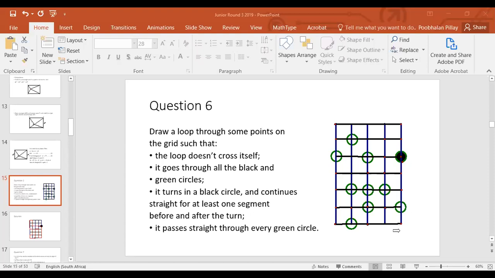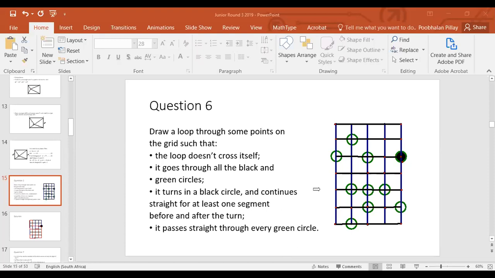If you come down here and you turn, that's fine because there were 2 dots before the turn. But when you go here now, you can't turn again. You can't turn here because there is no dot. You'll have to go right through. So before and after, you need to have at least 2 dots. All right, so those are the rules.